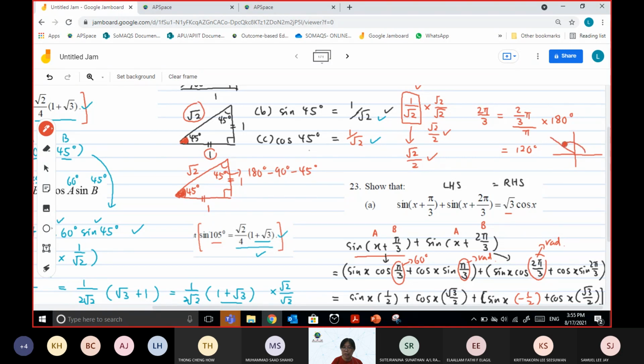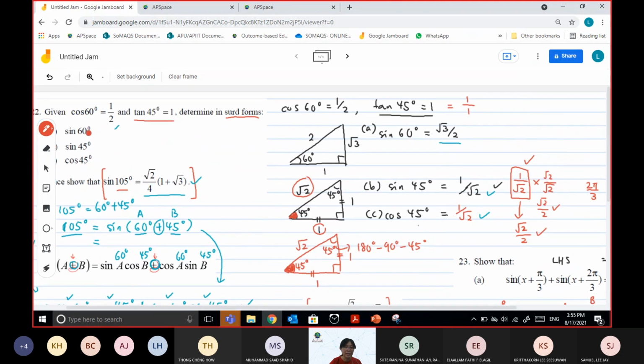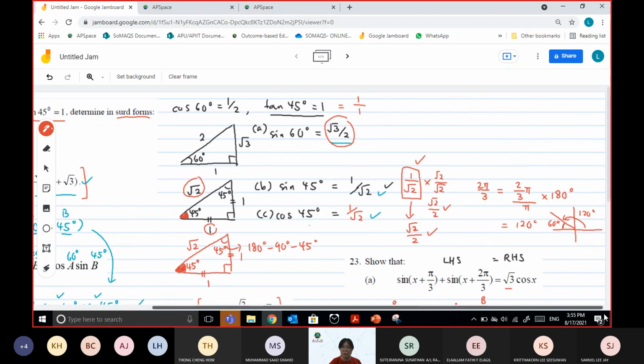So for 120, it's here. The basic angle is what? Here it is actually 60 degree. The basic angle is 60. So sine 60, remember just now, sine 60 is actually square root of 3 over 2.